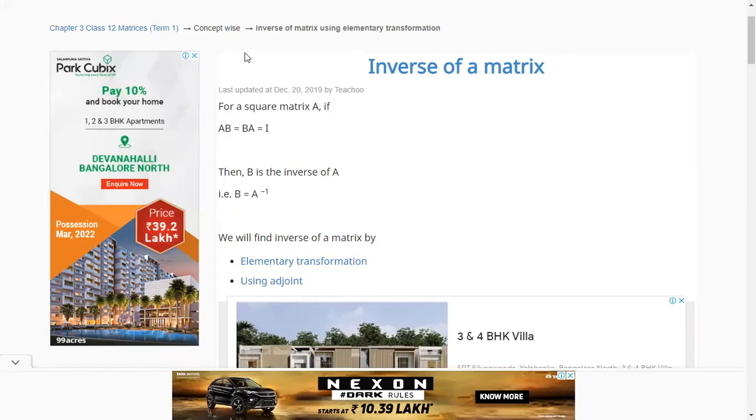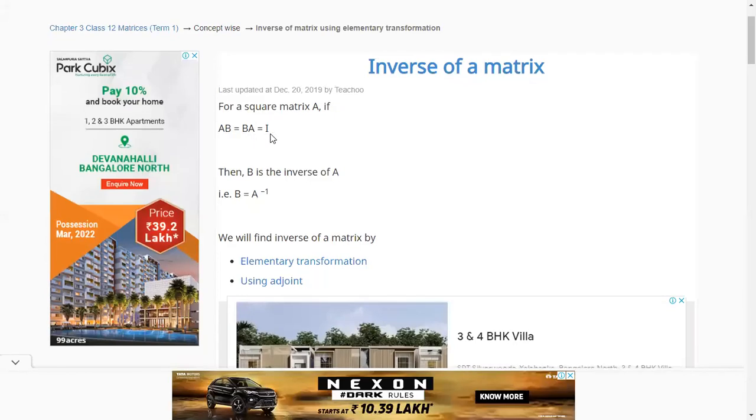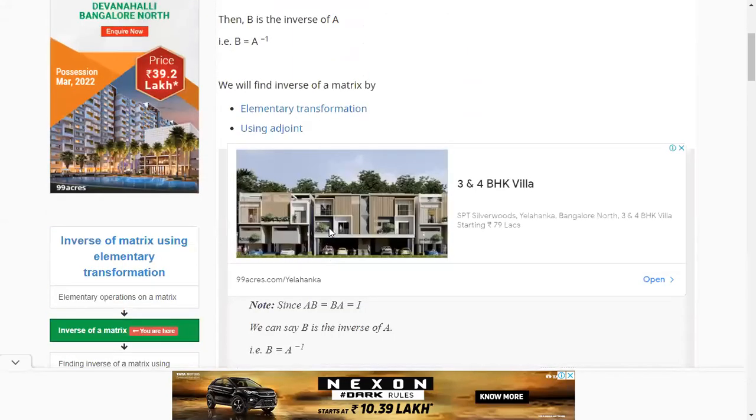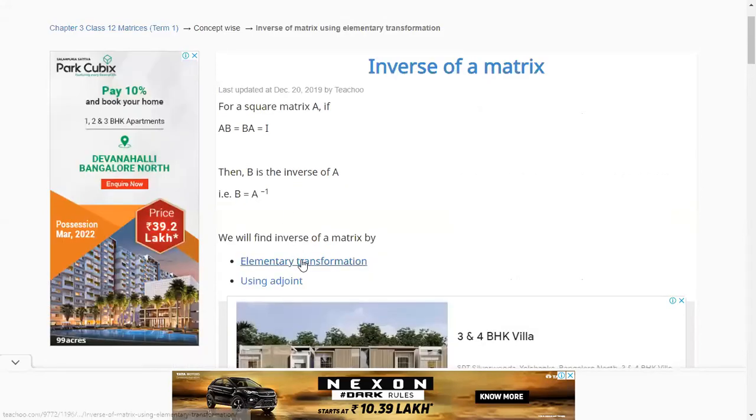So if you get A into B as well as B into A as identity, then we call B the inverse of A, or A is the inverse of B. We use elementary transformation to find the inverse, so they might ask: find the inverse of the matrix using elementary transformation.